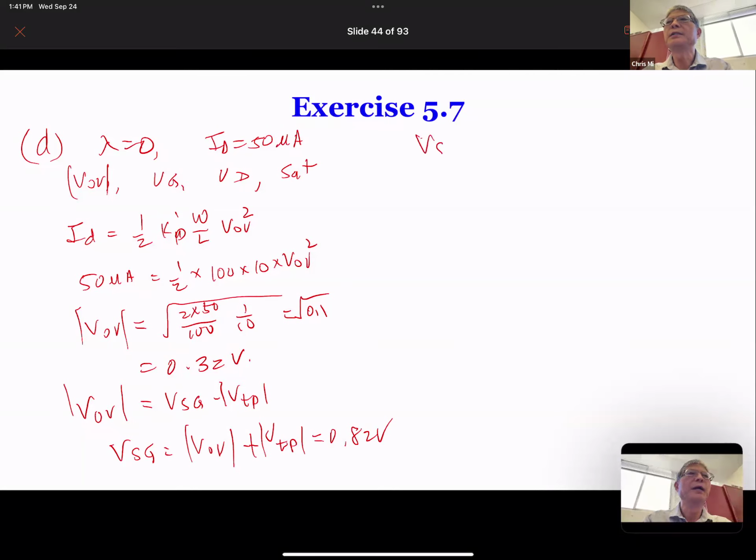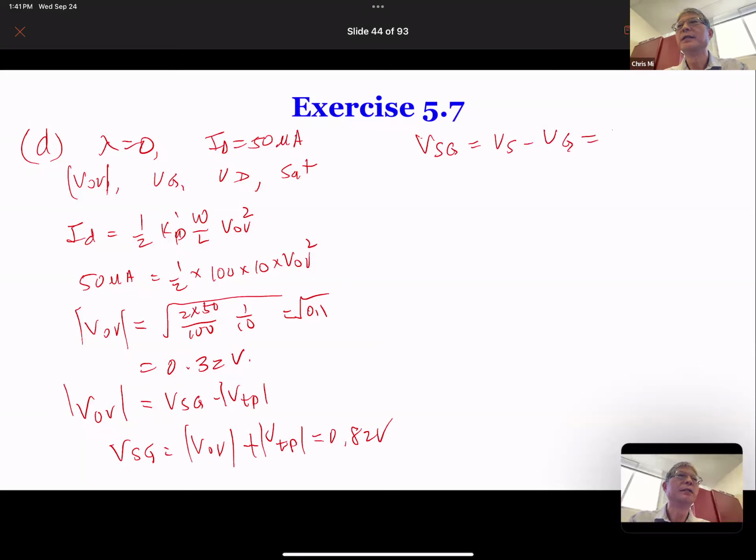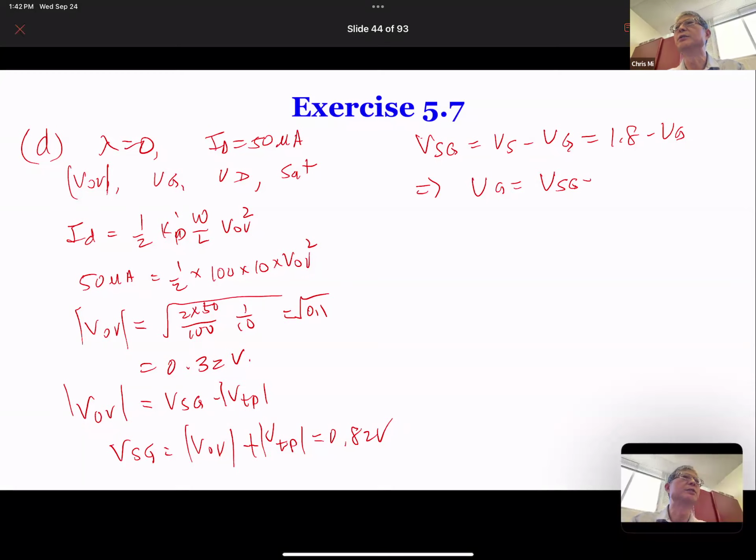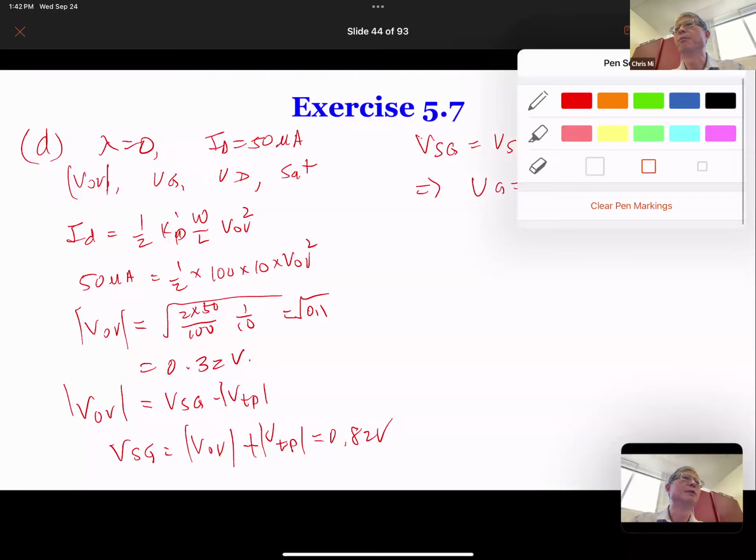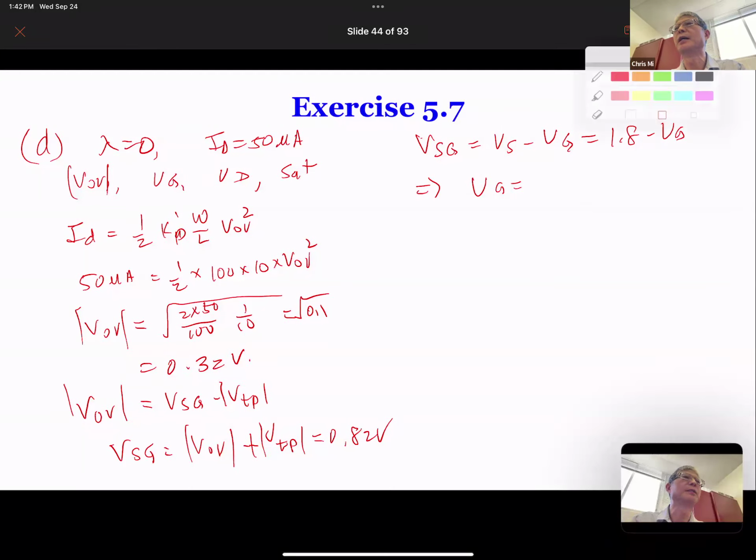Now, VSG equals VS minus VG, and VS is given at 1.8. So we can say VG is equal to, we move VG to the other side, so VG equals 1.8 minus VSG.